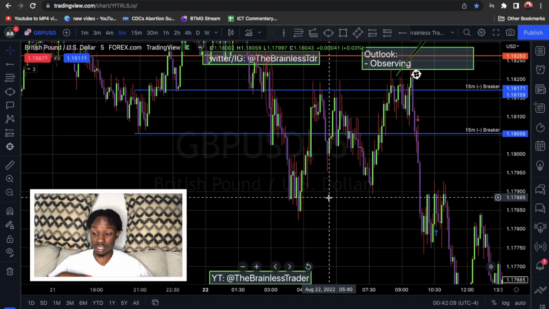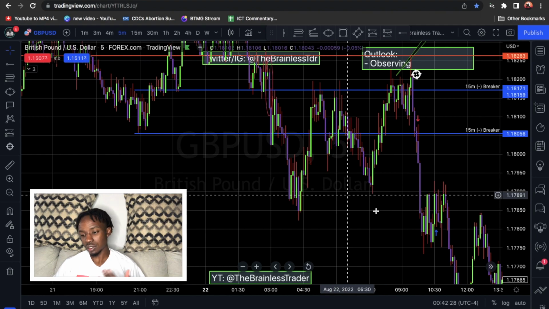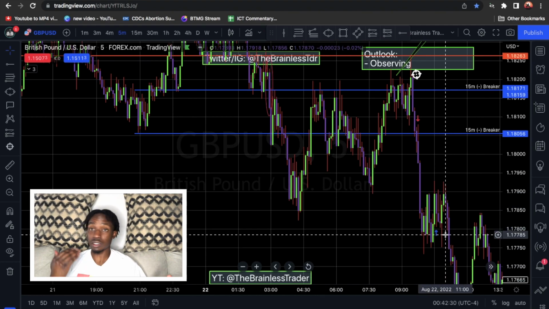Whereas if price decides it wants to run all my stops, I lose my money and I'm out for the day, because I don't want to have to trade again, right? So what I didn't do is just stick to the plan. I had my stops to profit, but I didn't leave the trade in there. And so I ended up taking like 15-20 pips just to be safe. I'm at work. I tell you, I'm a scalper. If I'm at work, I'm just trying to take my profits and leave. Boom. And that's what happened.